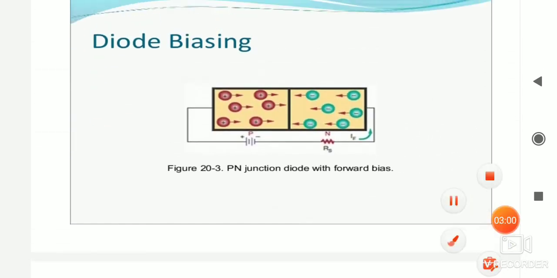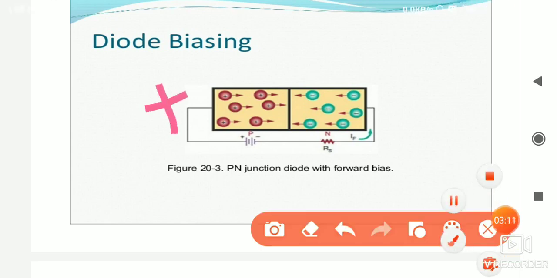In the next slide, diode biasing. Diode biasing may be forward bias or reverse bias. What is the meaning of forward bias? When we apply positive on the p side and negative on the n side, this is forward bias.